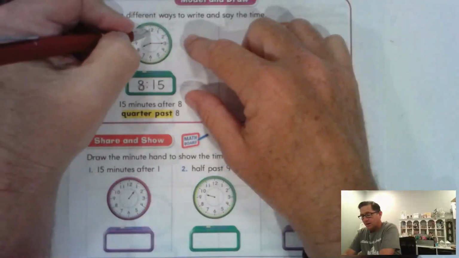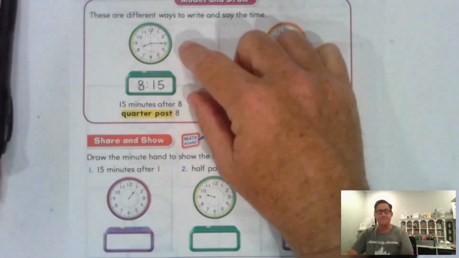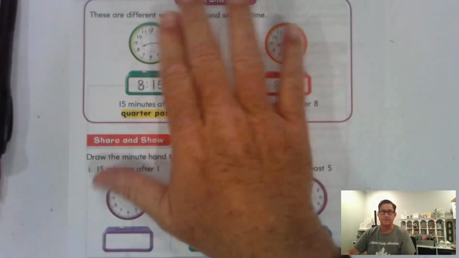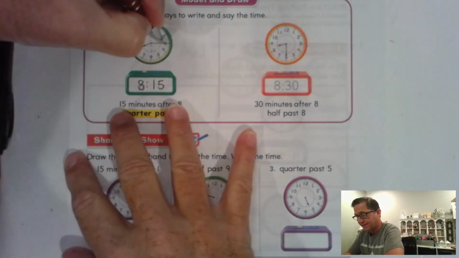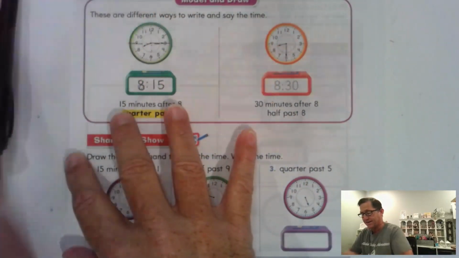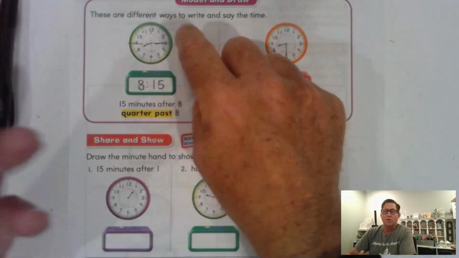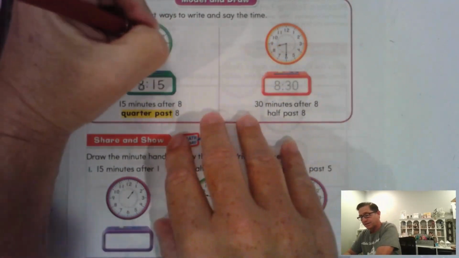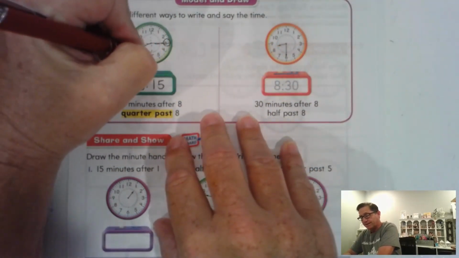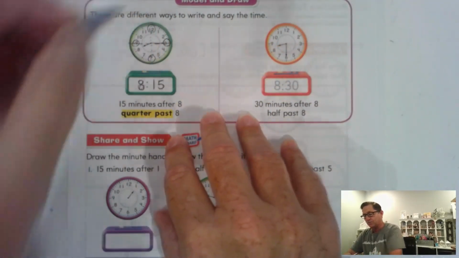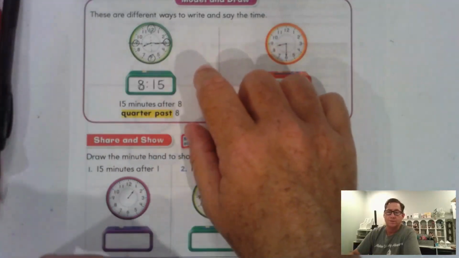If you break the clock in half, okay, so we have a right side and a left side, they're equal halves, and then take that half and divide it in half, we have 4 equal sections. We call those sections quarters. And so 3, 6, 9, and 12 are quarters.